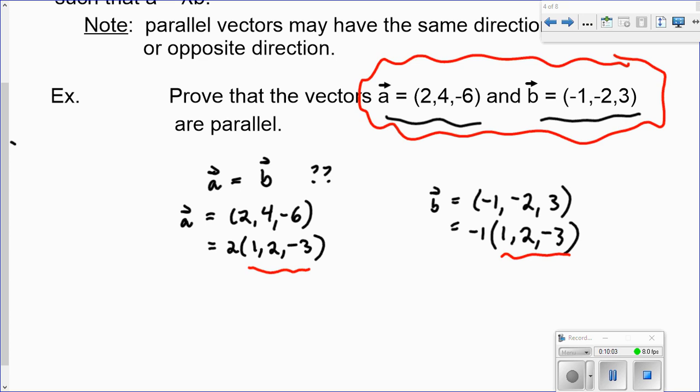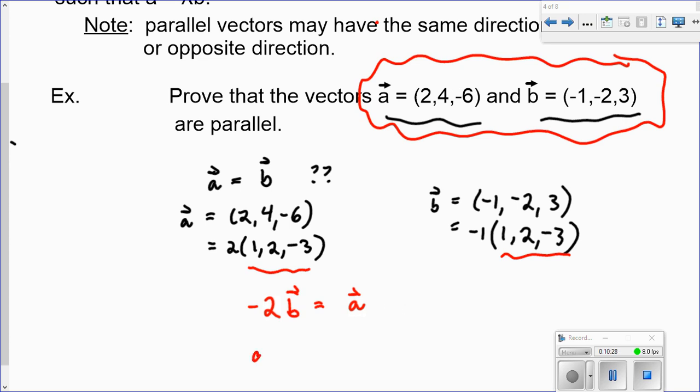Well, I can say that like this. If I multiply negative 2 times B, I get vector A. So if I multiply vector B by negative 2, I get negative 2 times negative 1 is 2, negative 2 times negative 2 is 4, and negative 2 times 3 is negative 6.